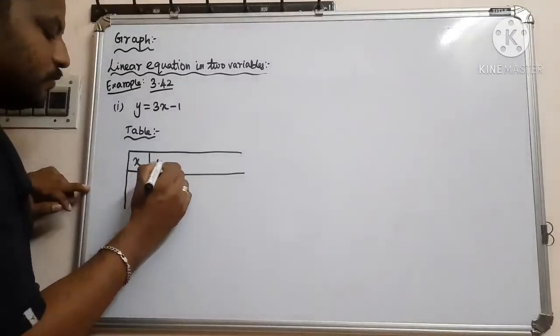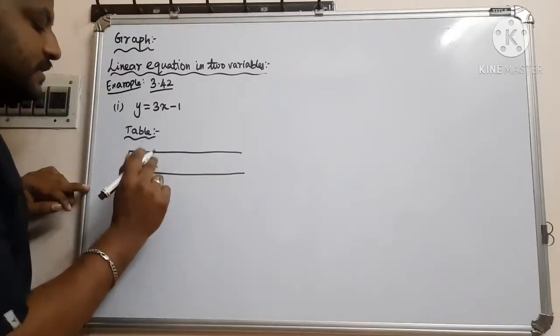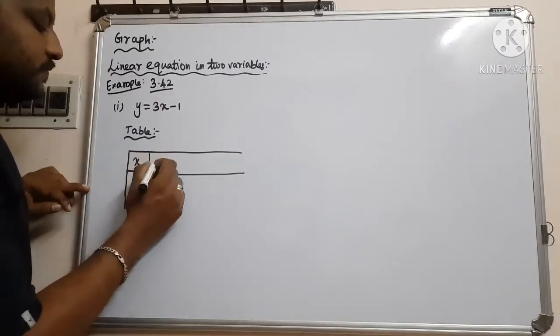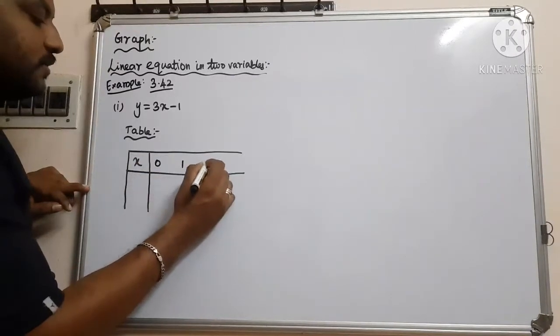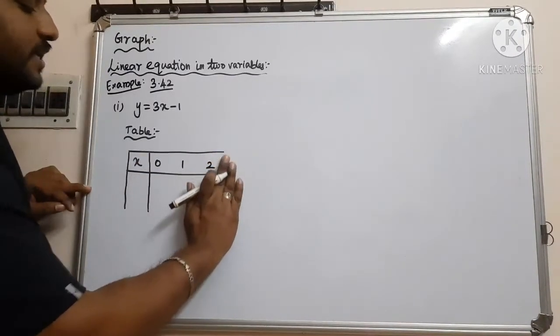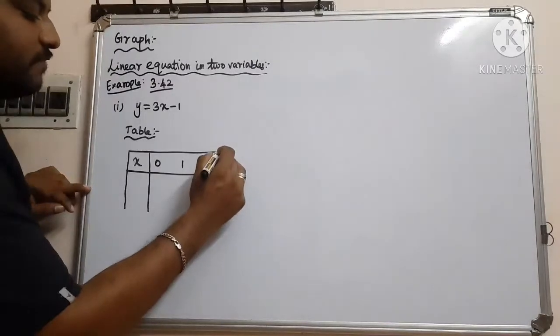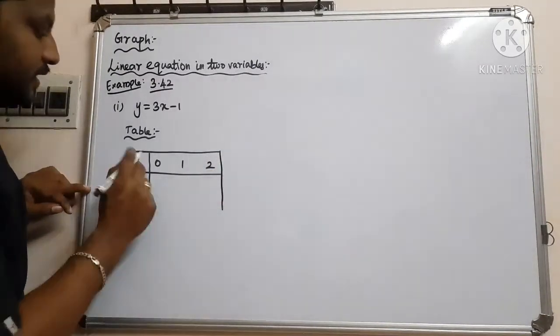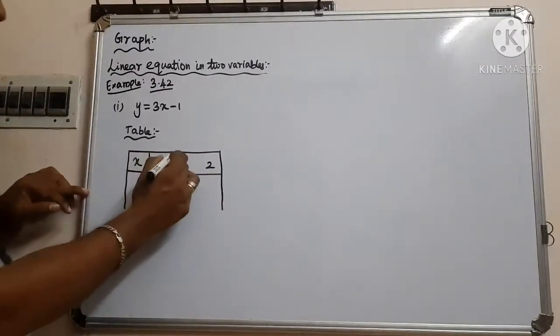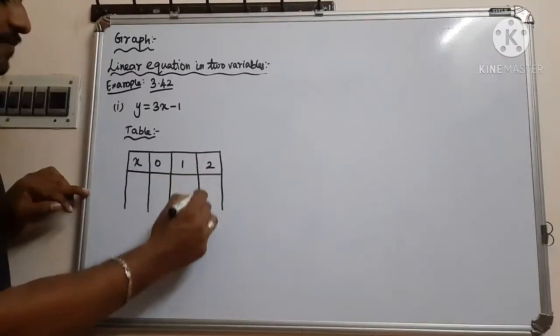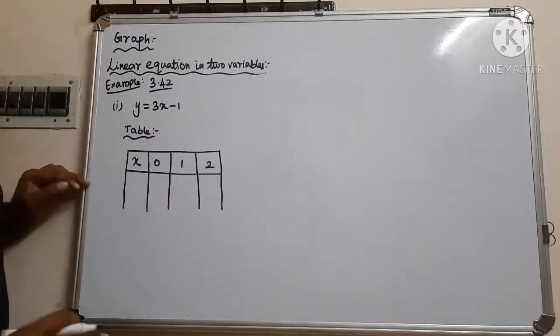For example 0, 1, 2 or 1, 2, 3. You can take only three values, that is enough to draw the graph. This is the x value we are going to take, and the remaining values are given in the question.